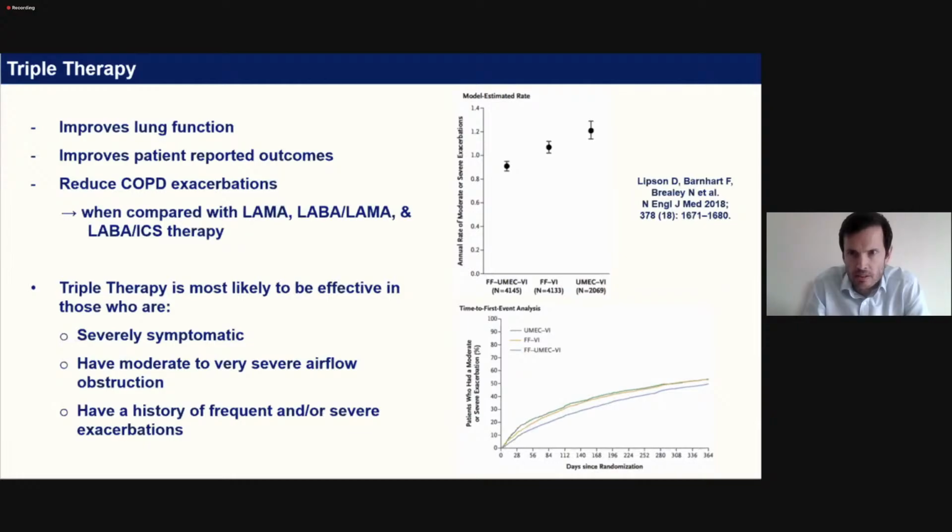So this data suggests that triple therapy is most likely to be effective in those who are severely symptomatic with their COPD, those who have moderate to very severe airflow obstruction, or patients who have a history of frequent and or severe exacerbations.